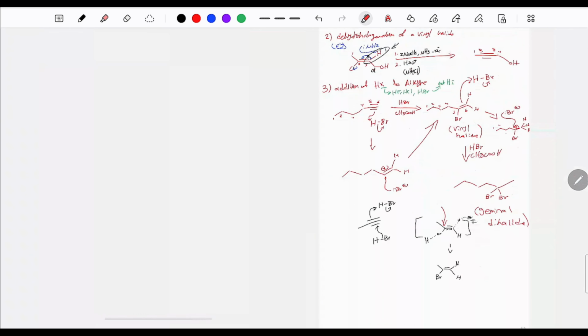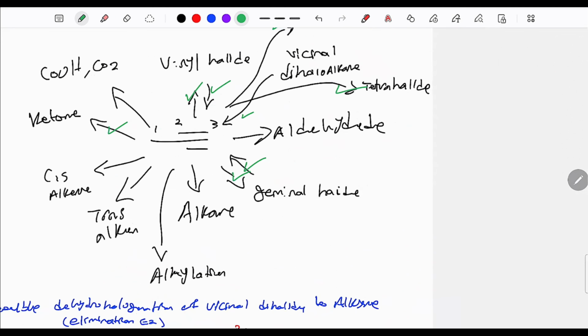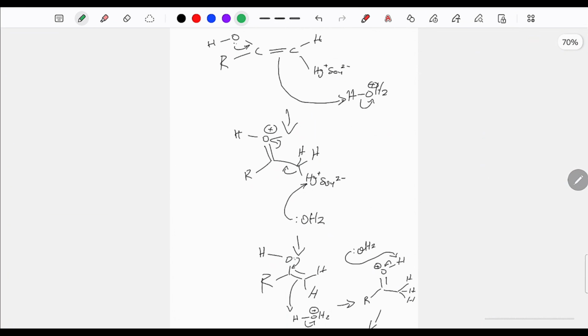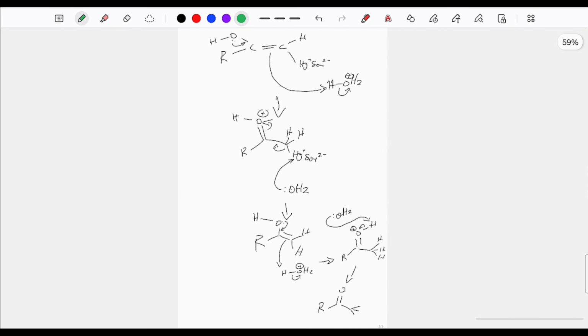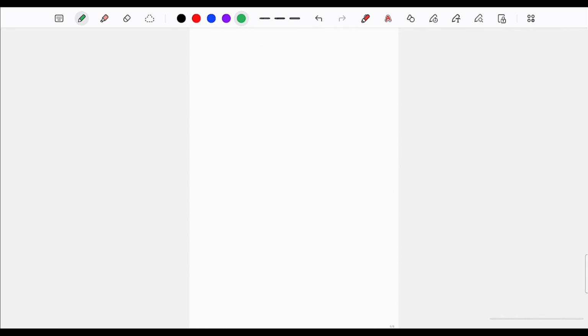So we have now talked about the production of a ketone, which is impressive. So now you know how to make a ketone. And that was reaction number 5.